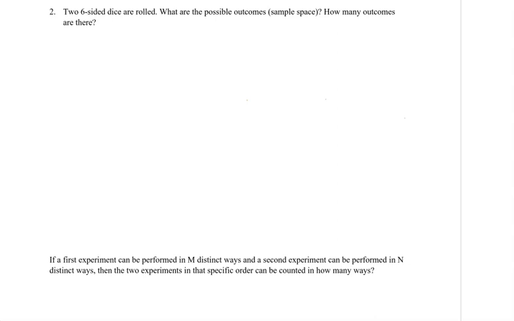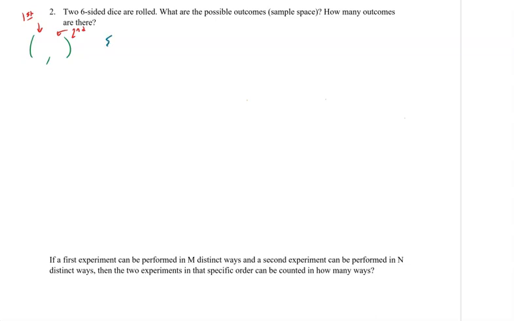Okay, so this time, instead of a coin and a die, we are just rolling 2 dice. The way that we're going to represent this is we are going to have just ordered pairs of 2 numbers. The first number is going to be what we get on the first die, and the second number is what we get on the second die.